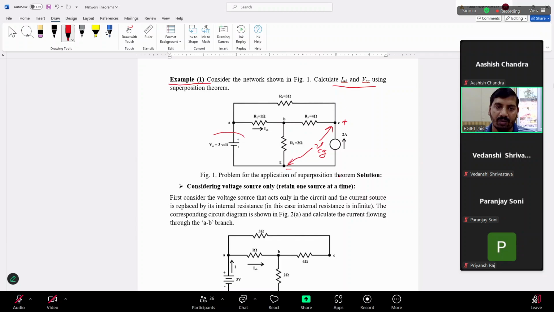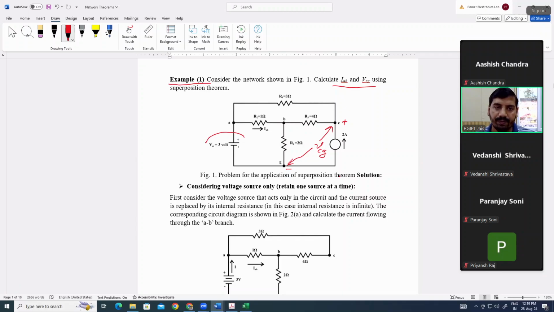This one is the voltage source and this is the current source. As per the superposition principle, we have to consider one source at a time and calculate the values of the desired current and voltage.